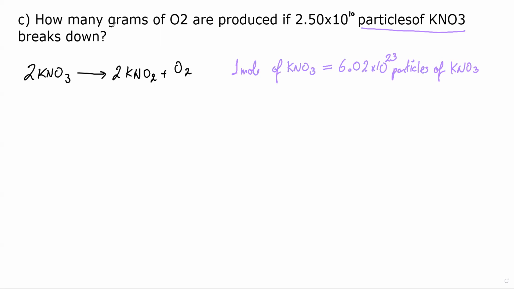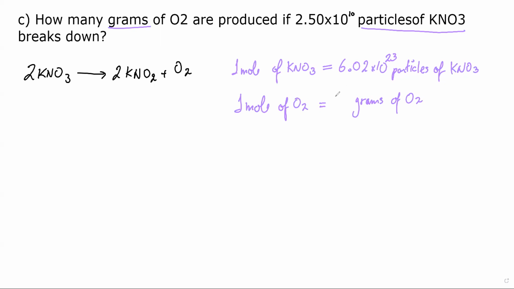We need grams as well, right? So grams of O2. 1 mole of O2 is equal to how many grams of O2? You look in your periodic table and you see the mass for O is 16.